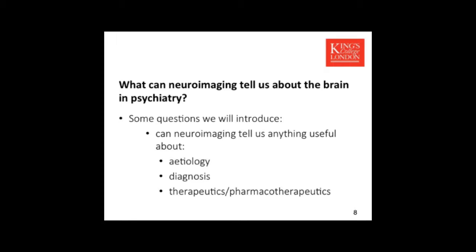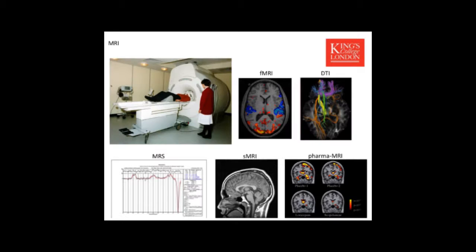And the third important aspect is how about therapeutics and pharmacotherapeutics? How do these different compounds work in the brain and how do they modify the brain systems involved in a given disorder and how does that translate then in modifying behavior? So these are some of the main questions that we cover.